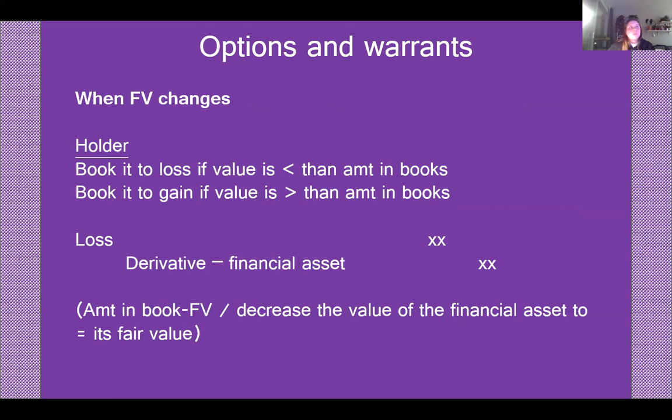So if their book value is greater than the market value, they're going to book a loss to decrease the value of their books to reflect the fair market value, and vice versa if the market value is greater than their book value. In their transaction, they're going to either debit or credit their financial asset depending on what's happening. But in the case of a loss, they're going to record their loss, and they're going to decrease their financial asset to decrease its value in their books.